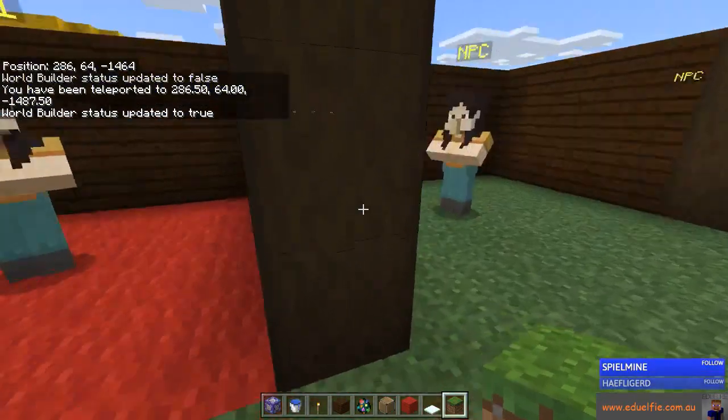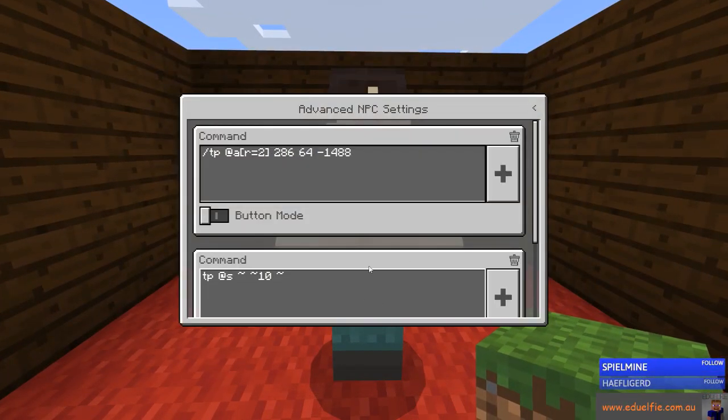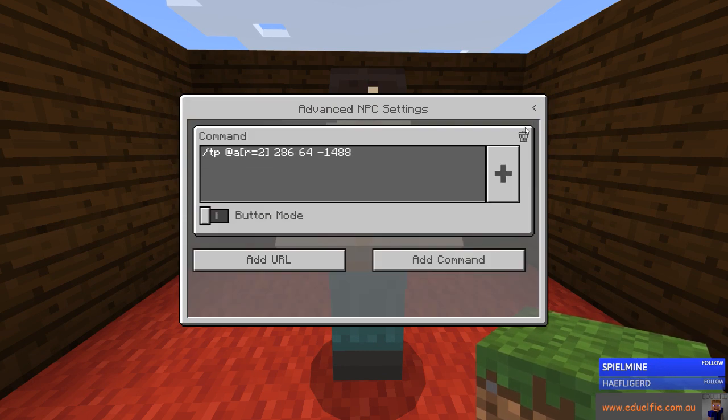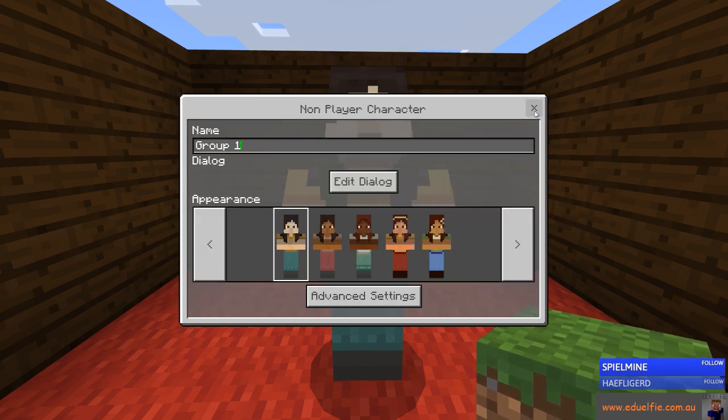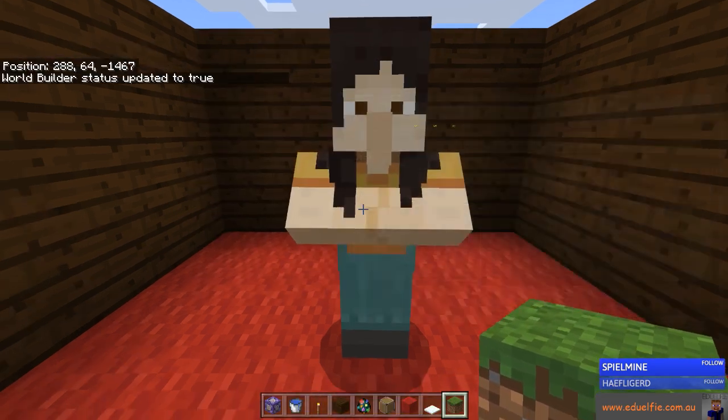Okay, I've already got that done. I need to trash this one. Let's say group 1 red.